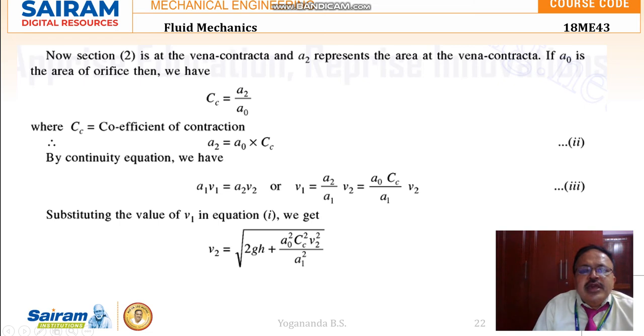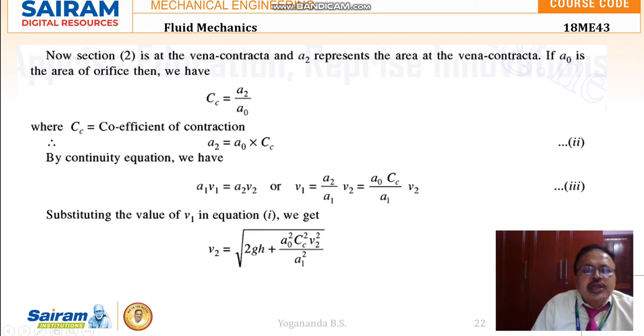So that is given as area at vena contracta to area of the orifice. So coefficient of contraction CC is the ratio of area at vena contracta to area of the orifice, A2 by A0. So A2 is A0 into CC.